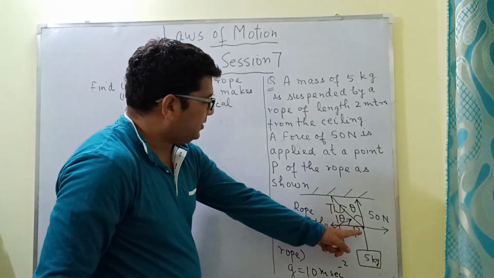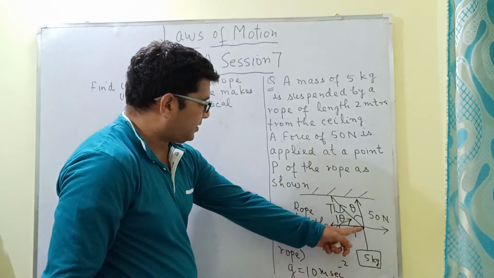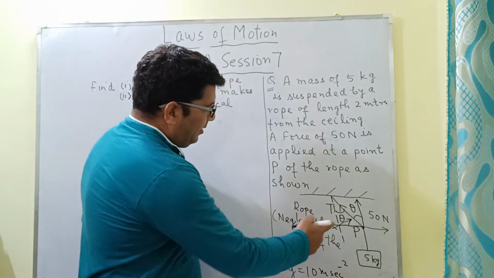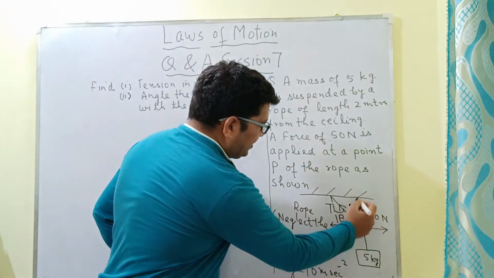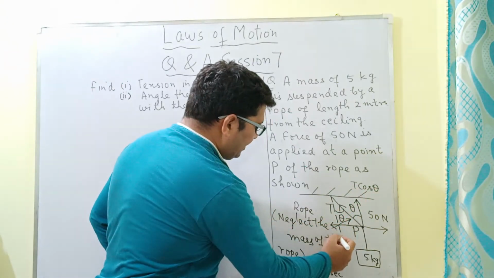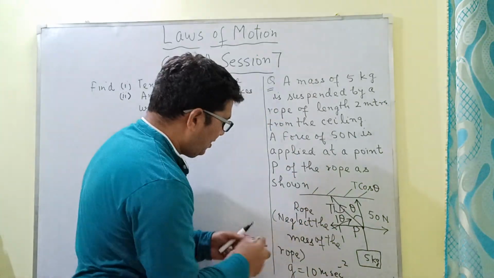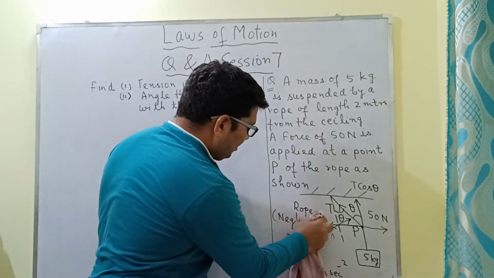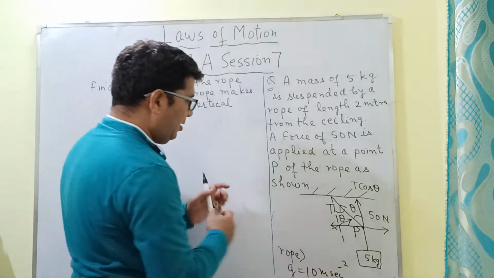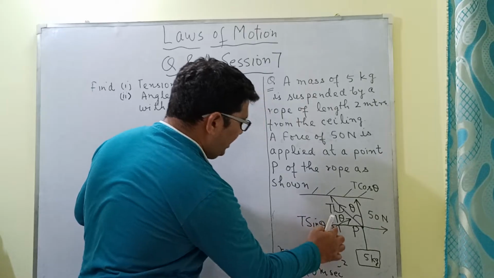Now if the tension T is directed away from this point of application of this force of magnitude 50 Newton, then the vertical component will be equal to T cos theta, मैं यहाँ लिख रहा हूँ, and this horizontal component will be T sin theta, ठीक है.